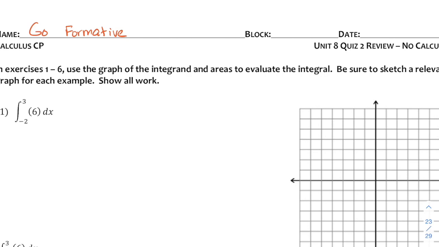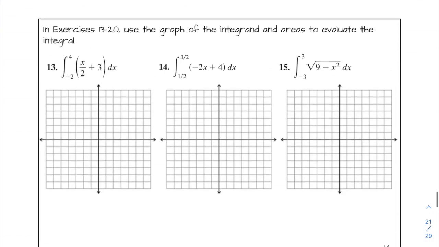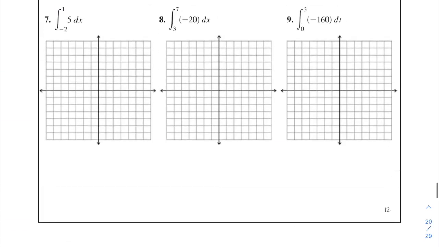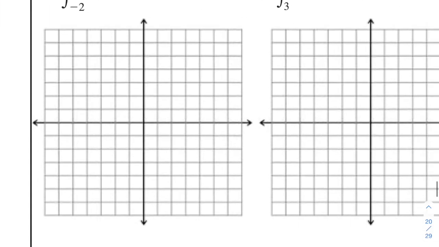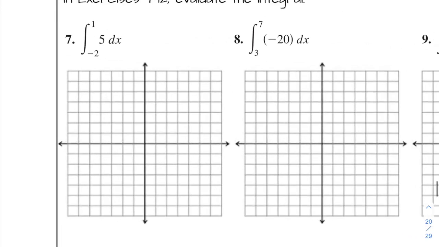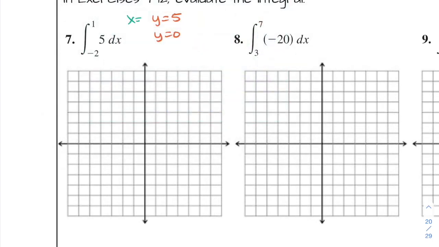So let's do a practice problem or two from here. Okay, so the first one, and then I'll talk about the review. So the first one, let's graph y equals 5. So we have y equals 5, and we have y equals 0, and I have x equals 1 and x equals -2.